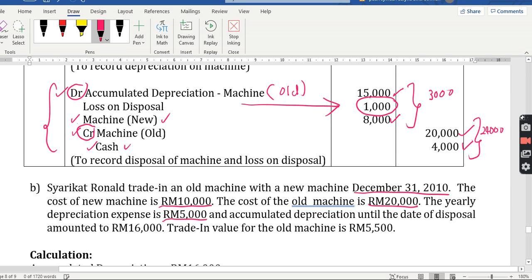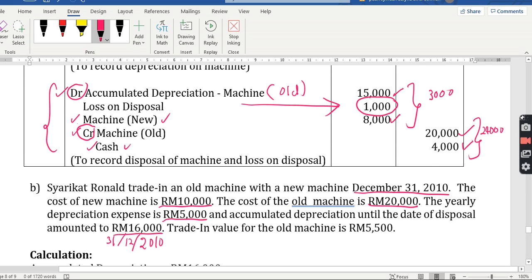And to the date of the disposal, dia punya depreciation is 16,000. Dia dah bagi siap-siap. So maksudnya semasa I nak tutup accumulated depreciation on the 31st of December 2010, I will debit accumulated depreciation with the amount of 16,000.